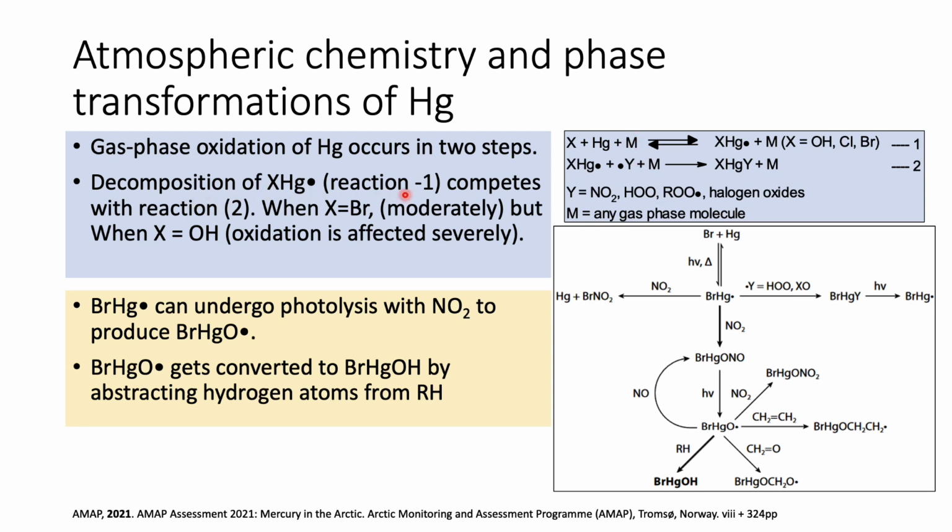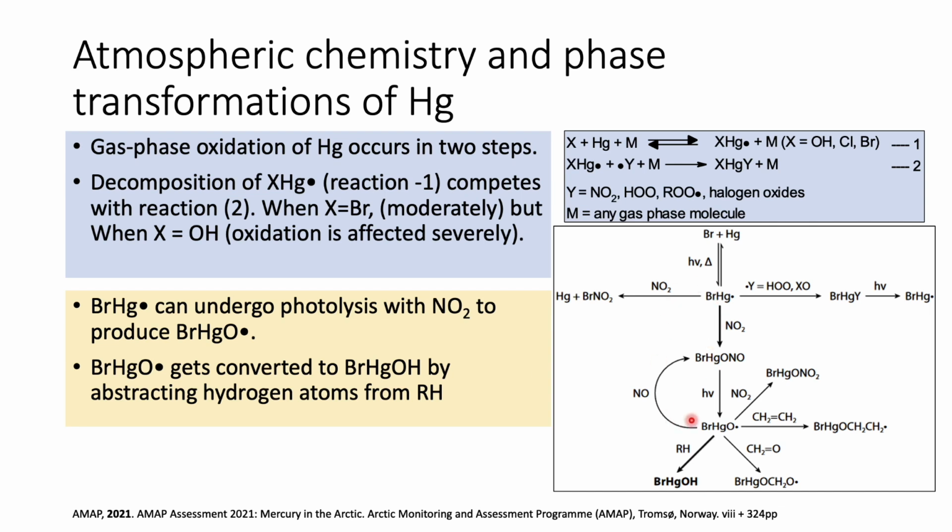The decomposition competes with the second one, that is the combination reaction. When X is equal to hydroxide, the oxidation is affected severely. But when X is equal to bromine, the oxidation is not affected that much; it is moderate only. BrHg can undergo photolysis with NO2 to produce BrHgO radical.